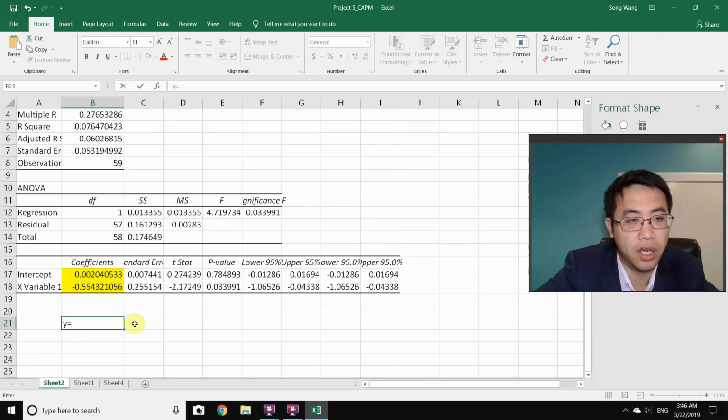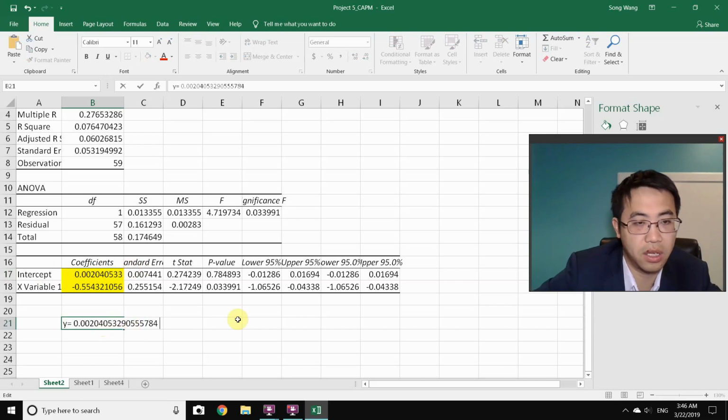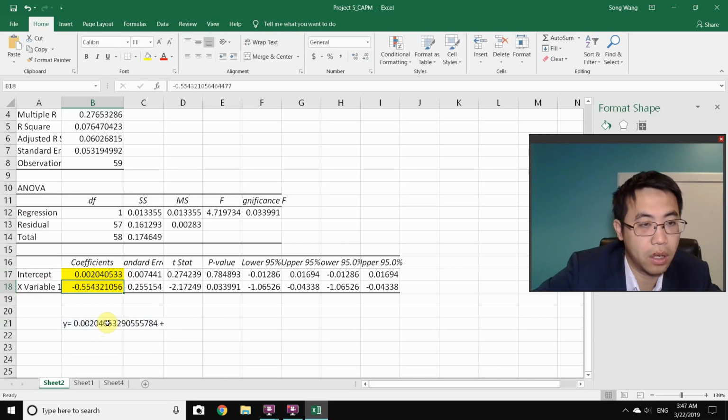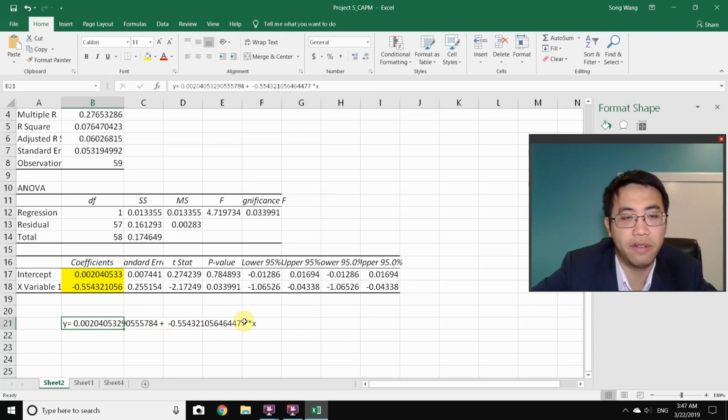Y would be equal to the intercept, plus the x coefficient, which is negative 0.5543, times x. So this is the intercept, and this negative 0.5543 is the slope, and it's also the beta.